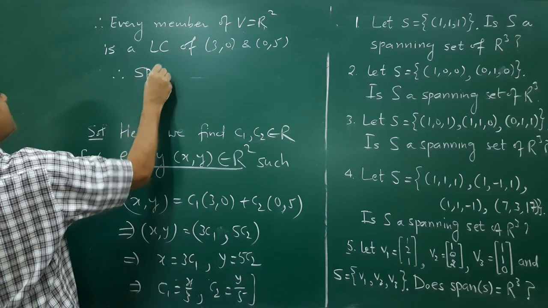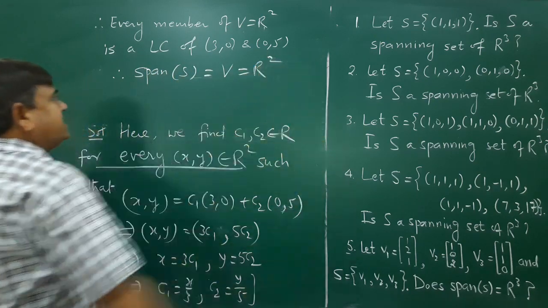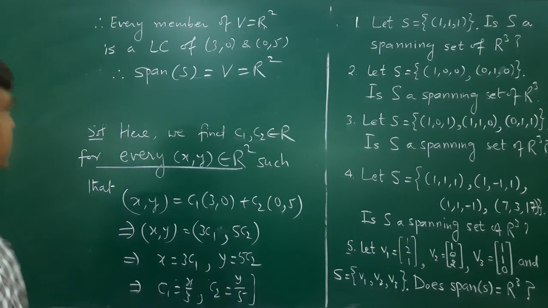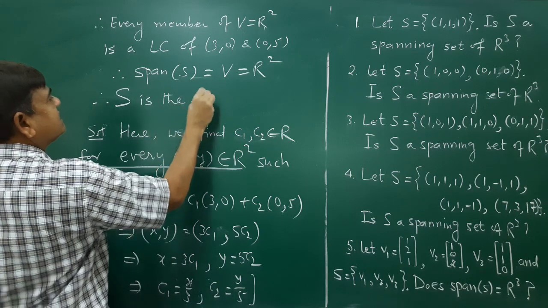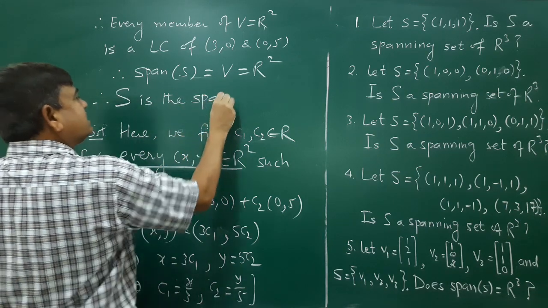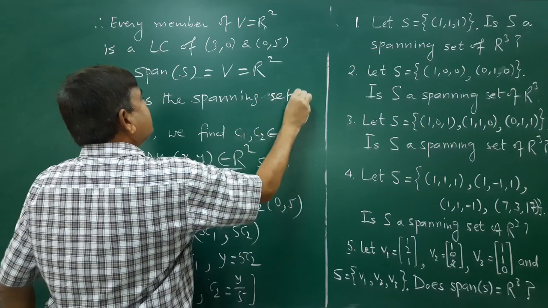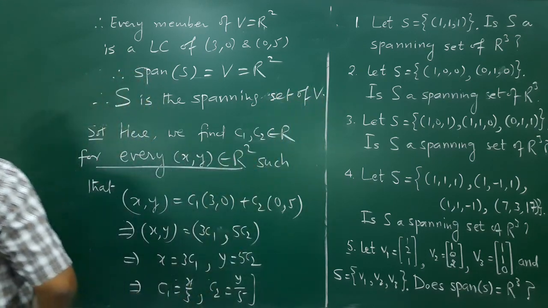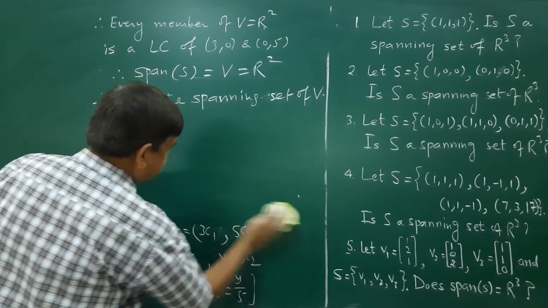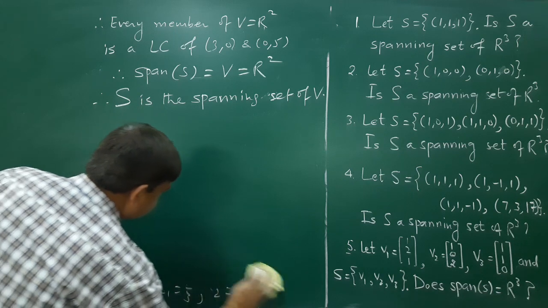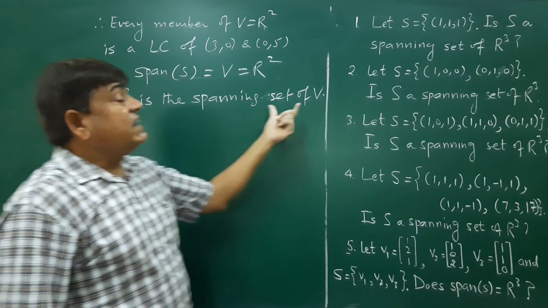Therefore, the span of S equals V, that is R square. Therefore, S is the spanning set of V.